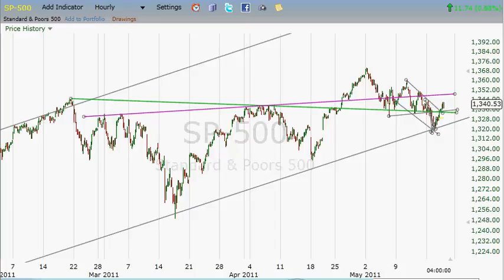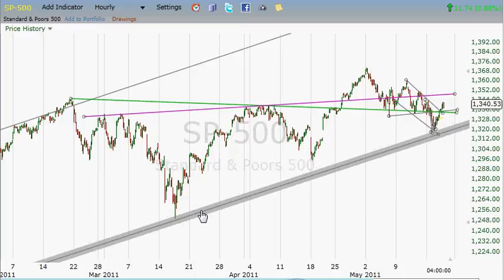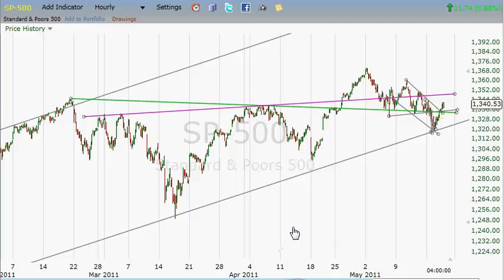And you can see, if you look at this chart, I had drawn a line, let me scoot this down just a little bit. Basically, the line was started on March 9th, 2009, at the bottom of that large inverse head and shoulders head.